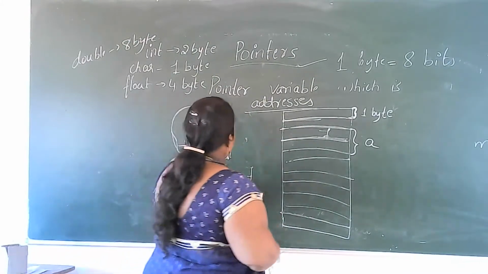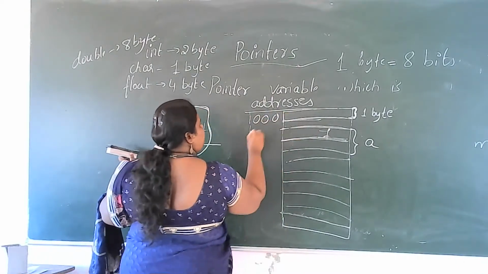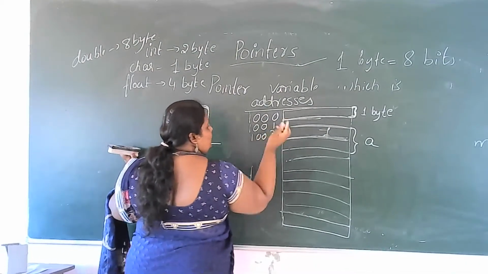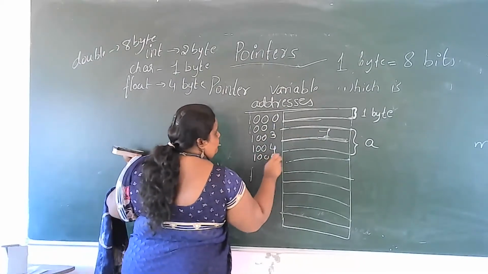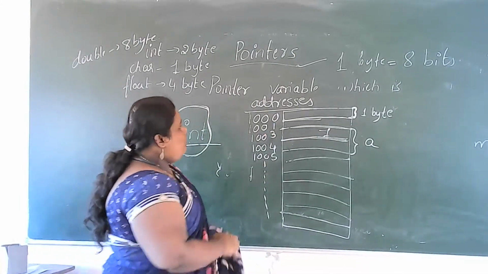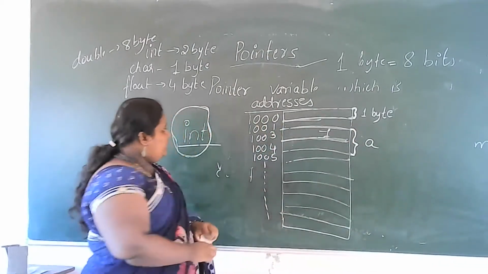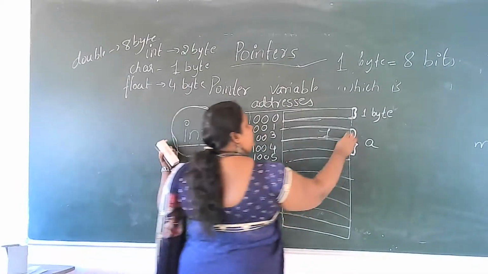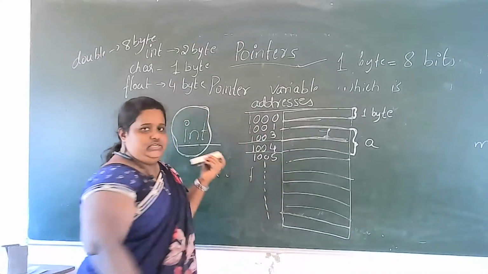For example, if the address of the first block is 1000, then the address of the second block is 1001, the third block is 1002, the fourth block is 1003, and so on to the last. Now variable a is stored in the 1003 and 1004 locations.